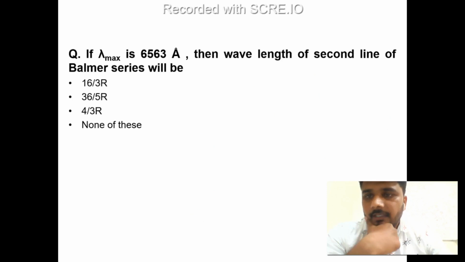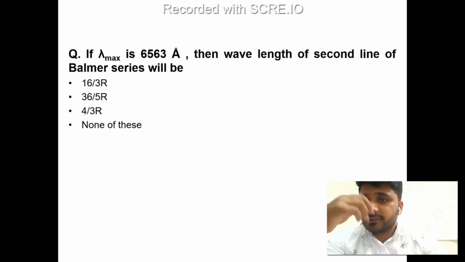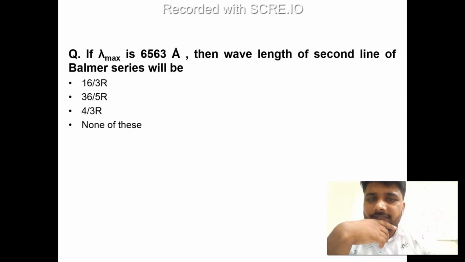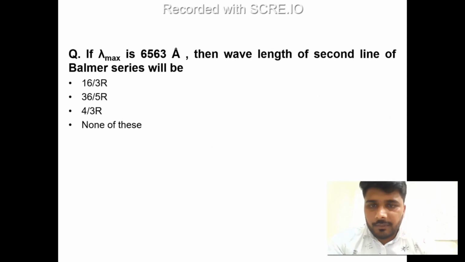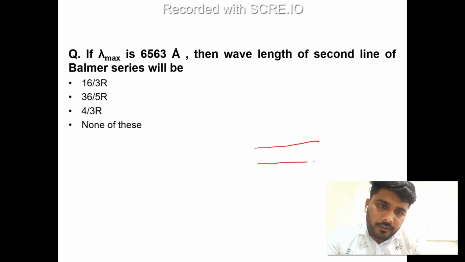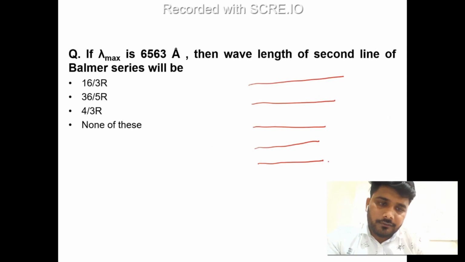So this is a numerical type question. If lambda max is this many angstrom, then the wavelength of the second line of Balmer series will be. So you have to find just the wavelength of the second line. First of all, you have to know what the Balmer series is. In the spectrum of hydrogen, you will see n equal to 1, n equal to 2, n equal to 3, n equal to 4, n equal to 5.